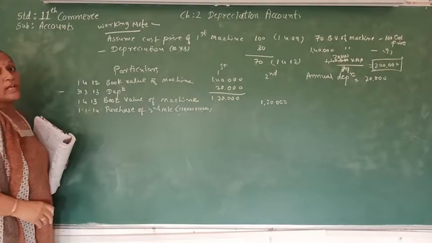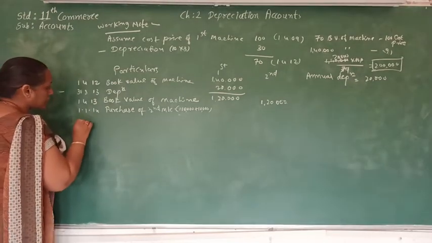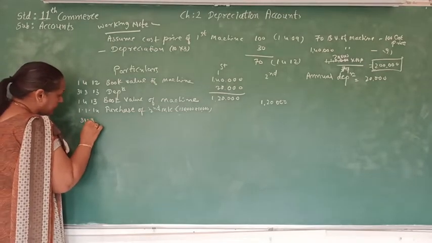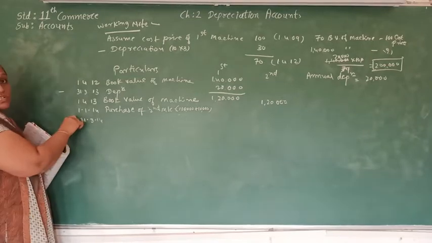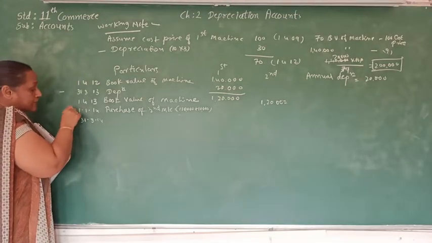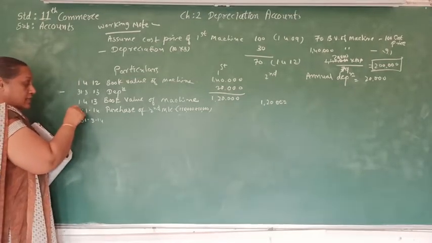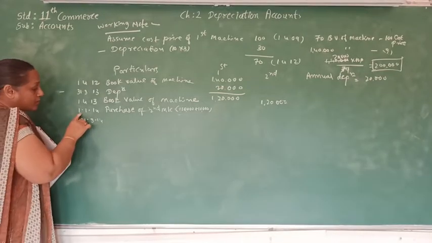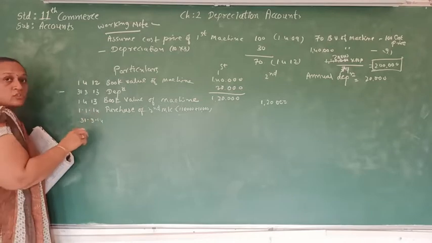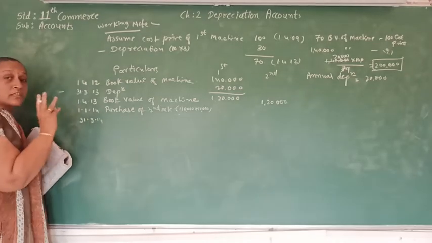This year is going to end on 31/3/14. So for the first machine we have to calculate the depreciation for the whole year, and for the second machine we have to calculate the depreciation for only 3 months, as it was purchased on 1/1/14. The machine is used in the business for 3 months only.